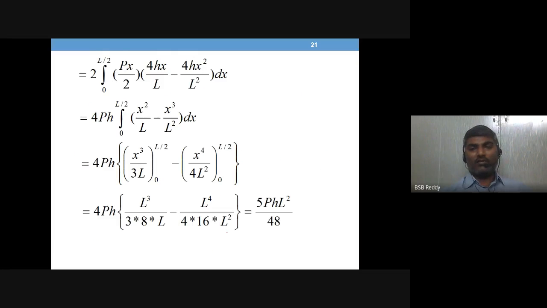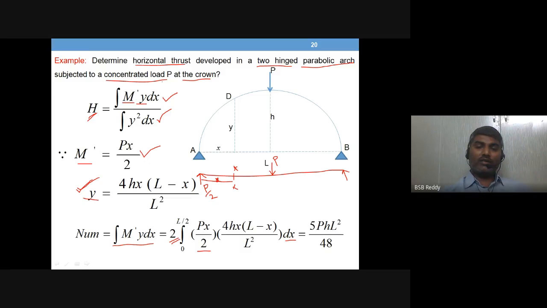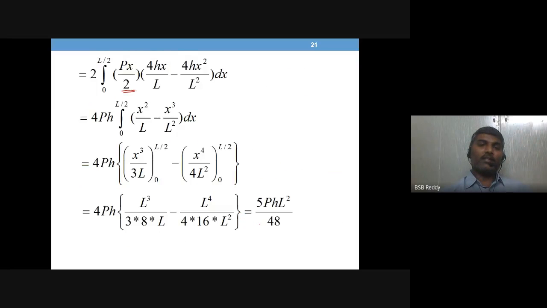Just very simple mathematics. Px by 2 is as it is, M dash. Then what I have done is send 4hx inside and separate these two terms. Multiply this with L first, then multiply this with x. That is what is done.